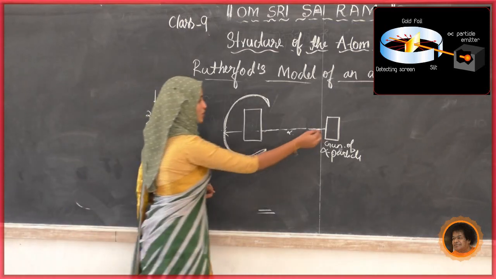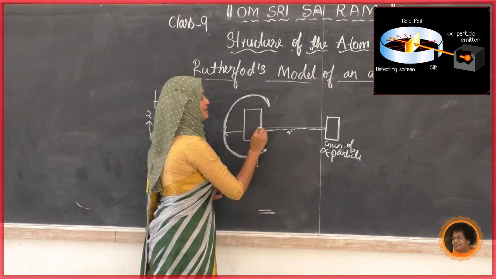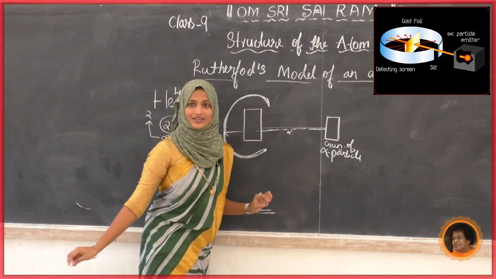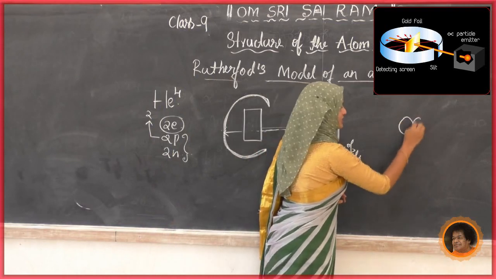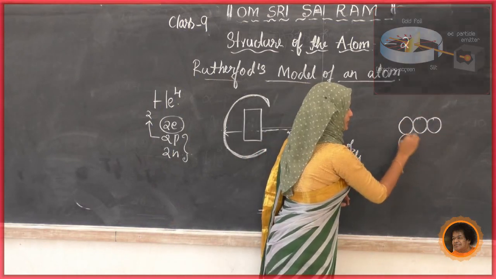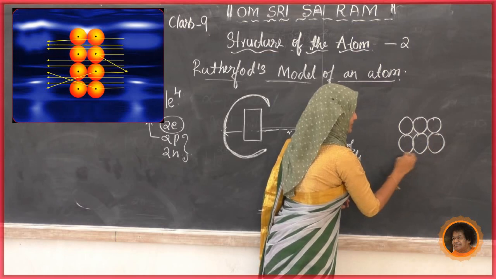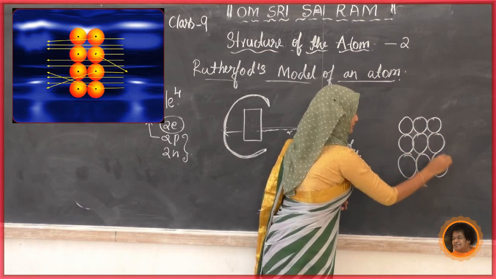What happens? Some of the alpha particles are deflected. What does deflecting mean? I will draw it like this and show you here. See, this is a gold foil. There are atoms present inside the gold foil.